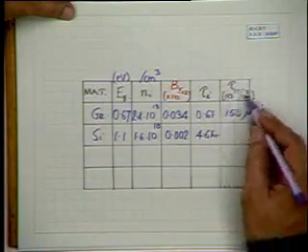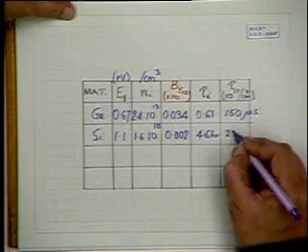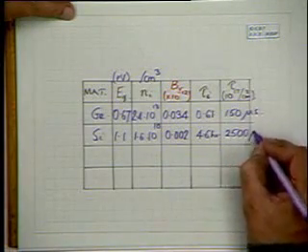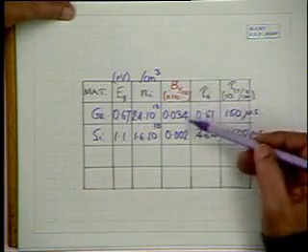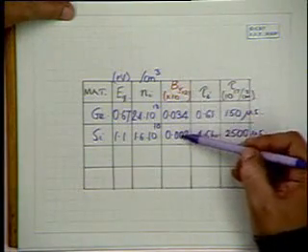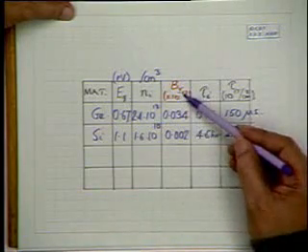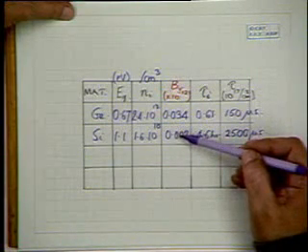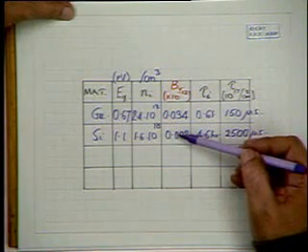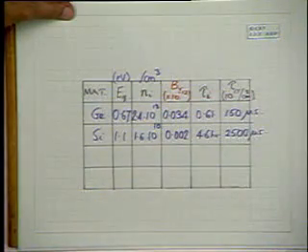And tau for a given doping concentration is 2,500 microseconds. So we see that since BR is very small, 0.002 into 10 to the power minus 12, silicon is going to be a very weak emitter. Germanium is a little better, but nevertheless, germanium is also not a very good emitter.